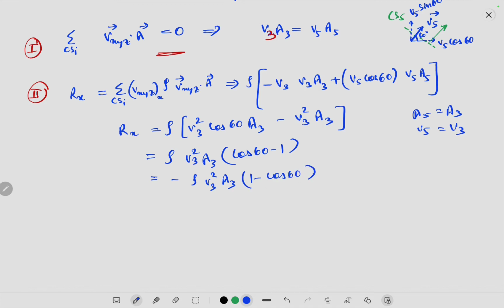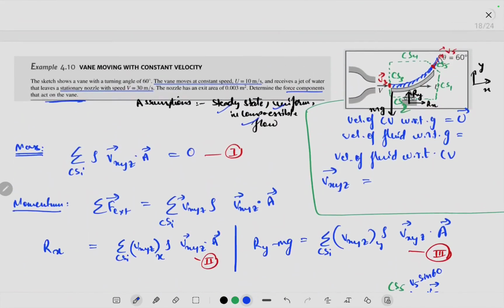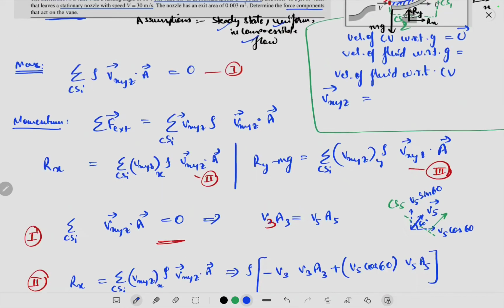Also, in the problem nothing is given about the velocity V3. So let's assume that the velocity with which this fluid is exiting the nozzle is the same velocity with which this fluid is entering this control surface CS3.